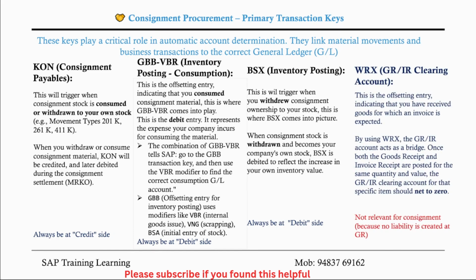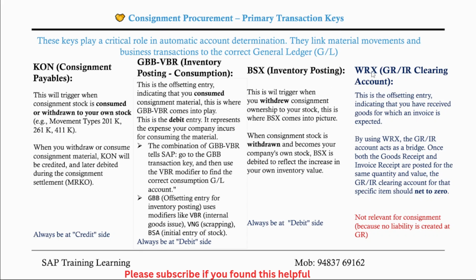The last one is the WRX account. This is not part of consignment procurement. This is part of the standard procurement process. Here, when I process a GR against a standard purchase order, I receive that stock into my stock. My stock is increasing, right?